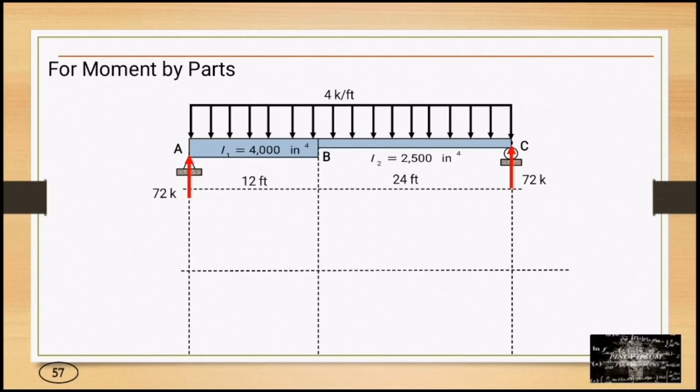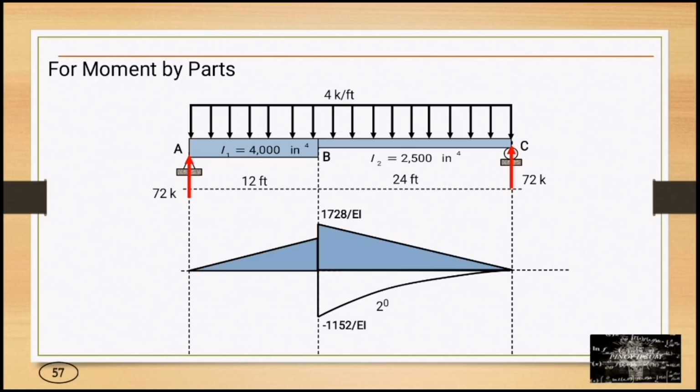For reaction at C, we have 1728 over EI. For uniform load, we have negative 1152 over EI, in segment BC, a second degree curve.